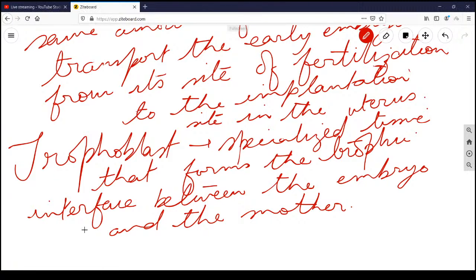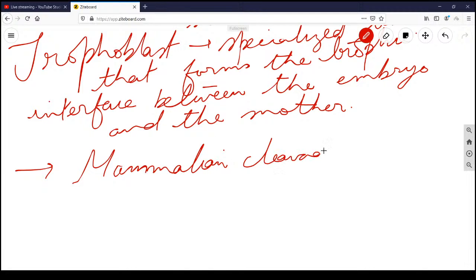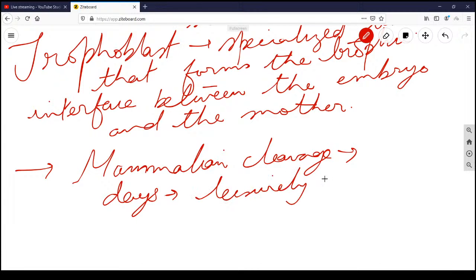In sea urchin, cleavage takes only a few hours, so mammalian cleavage takes days. It is a slow, gradual process.